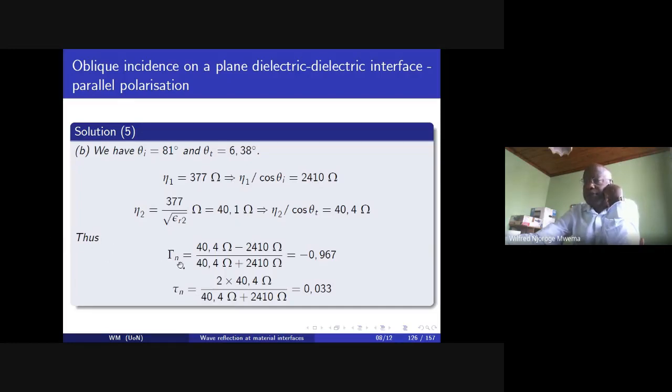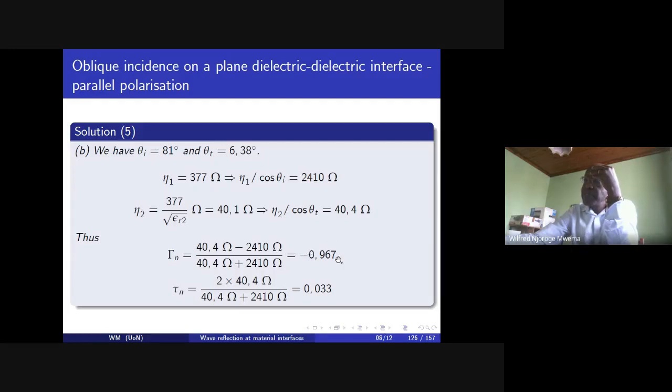And therefore, the reflection coefficient is going to be given by the effective impedance of medium 2 minus the effective impedance of medium 1, over the effective impedance of medium 2 plus the effective impedance of medium 1. And this gives us a value of minus 0.967, almost going towards total reflection.